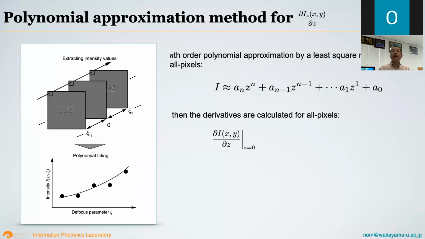So then the derivatives can be calculated for all pixels like this. So the preparation is okay. I and out-of-focus images can be obtained. So we can calculate the phase information.